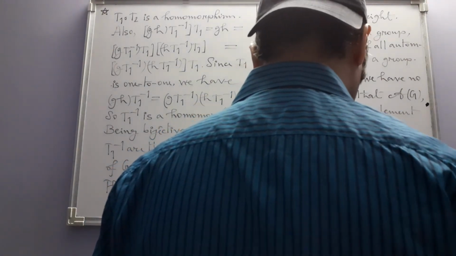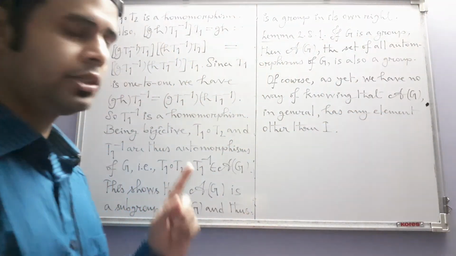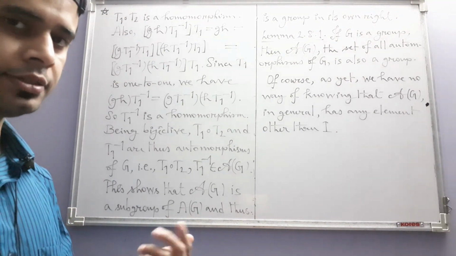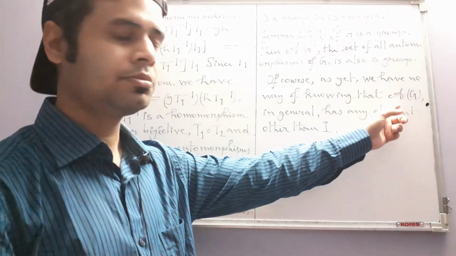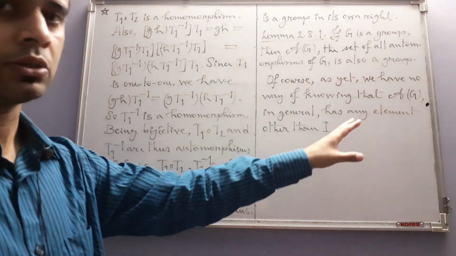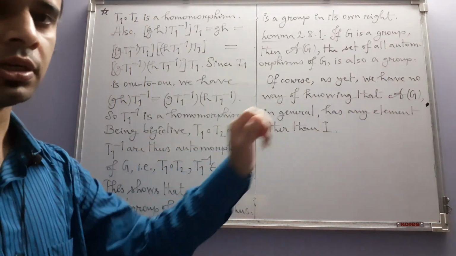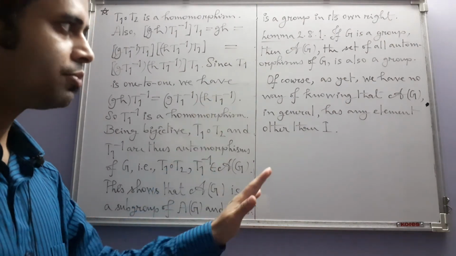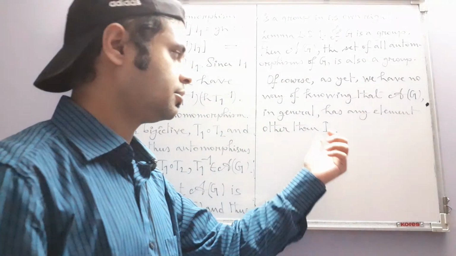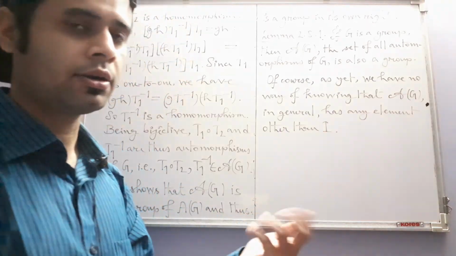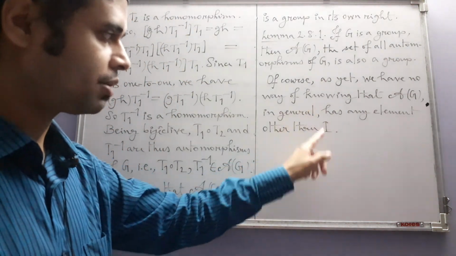And the thing is that if the original group G has at least two elements, then the automorphism group, we call this group the automorphism group of the original group G, also has other elements which are non-trivial automorphisms, that is, which are different from I.